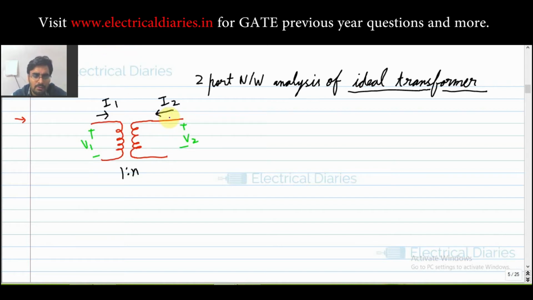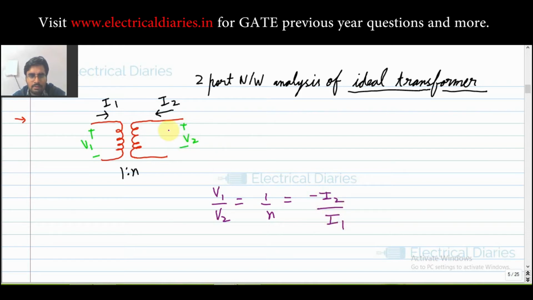Now, just remember one thing. Since we have assumed the secondary side direction as inside the transformer, we all know that practically this is not the case. The current comes out of the secondary of the transformer. So we have to assume the minus I2 while writing our standard equation for the transformer, that is V1 by V2 is equal to 1 by n is equal to minus I2 by I1.